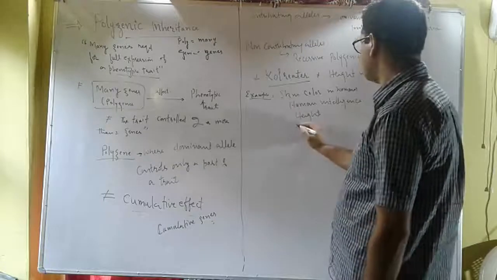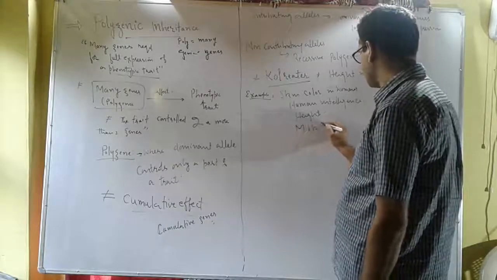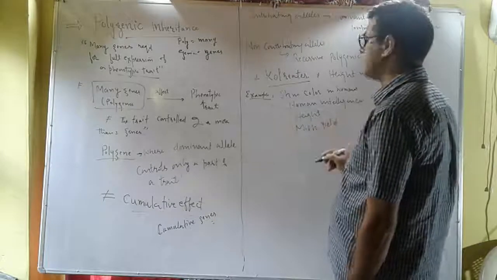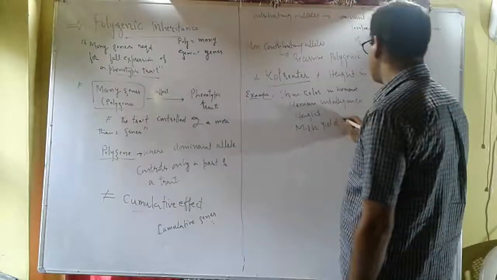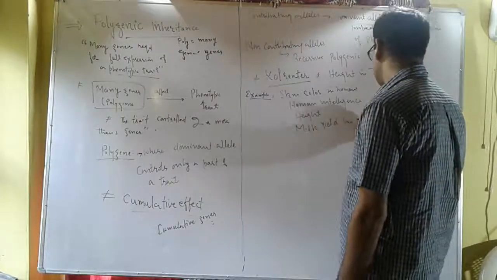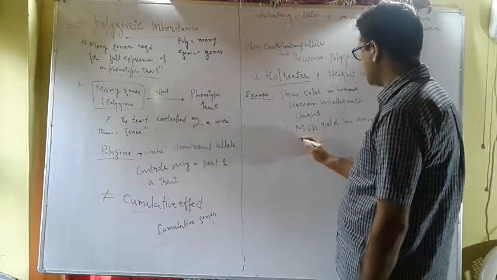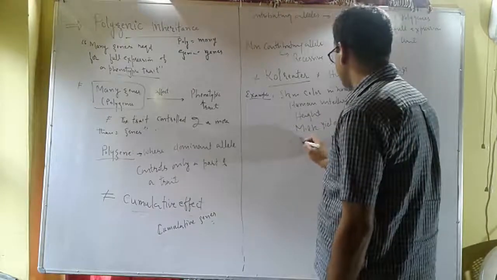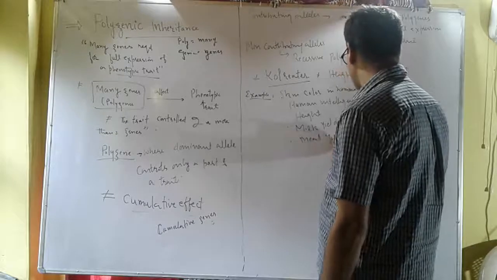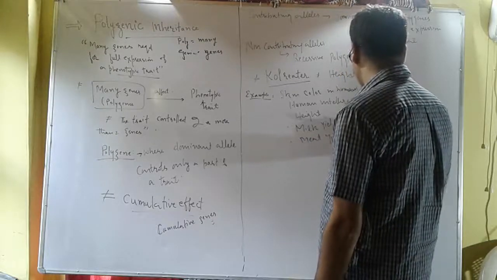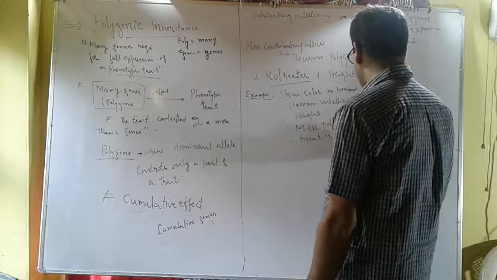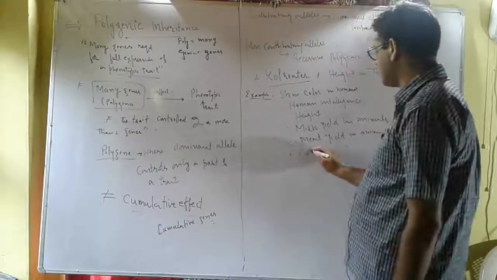We have milk yield in animals, meat yield in animals. We have cob length in maize.